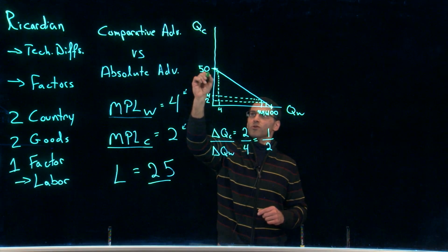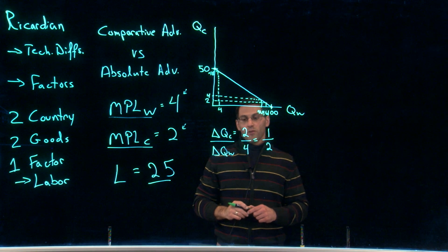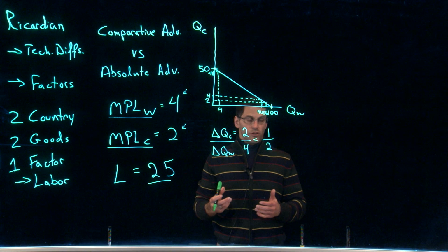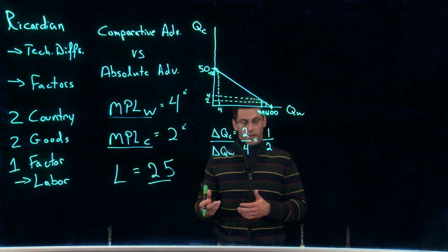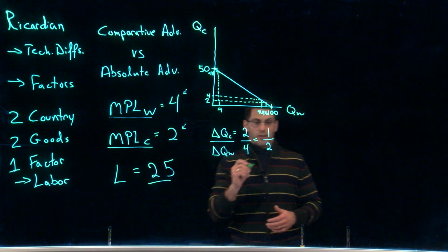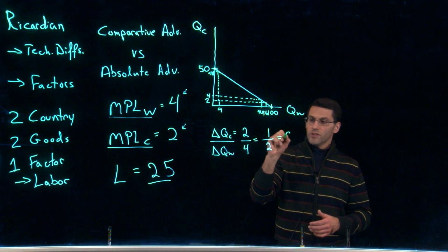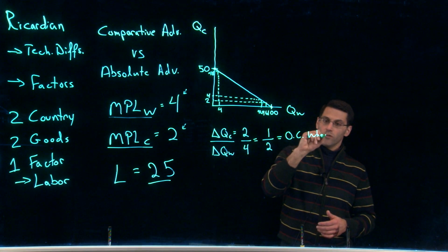I'm going to lose 2 yards of cloth and gain 4 bushels of wheat. In other words, each additional bushel of wheat that I'm producing is costing me a half a yard of cloth. And so that 1/2 is the opportunity cost of producing more wheat.